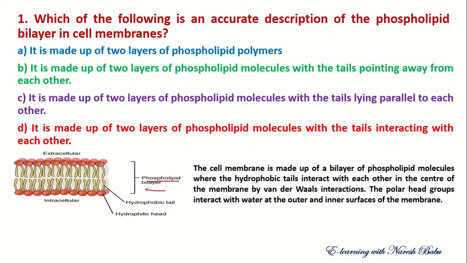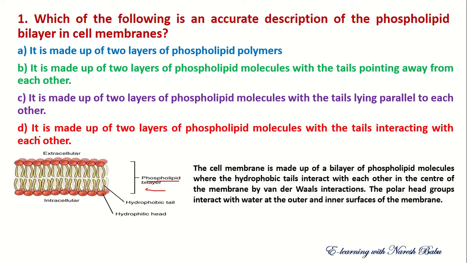The hydrophilic heads are always present outside, toward the extracellular and intracellular sides. The hydrophobic tails are present between these hydrophilic heads, and the two tails are interacting with each other. The tail of this phospholipid layer and the tail of this phospholipid layer are interacting.